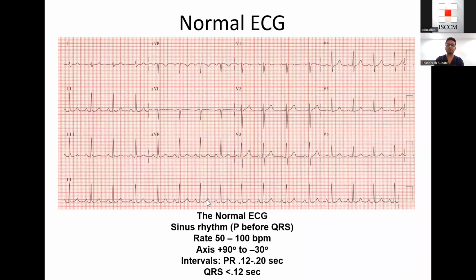First of all, you should tell about the rhythm, which is sinus, with a rate between 50 to 100. Axis generally falls between -30 to +90. Intervals, particularly we are interested in the PR interval, which should be between 3 to 5 small squares, and QRS less than 0.12 seconds. Coming to the next slide.